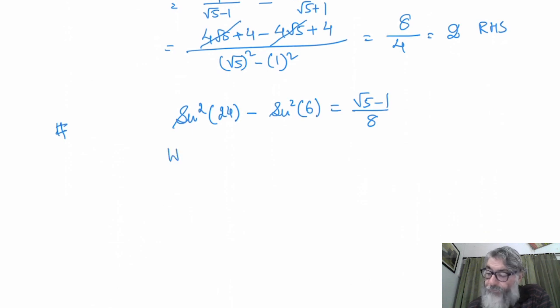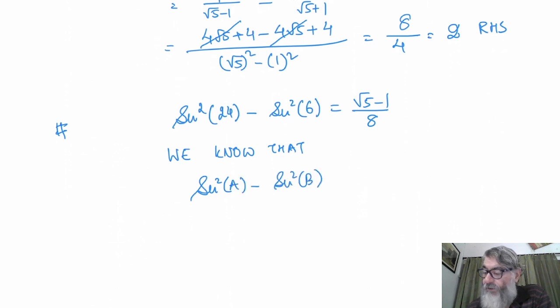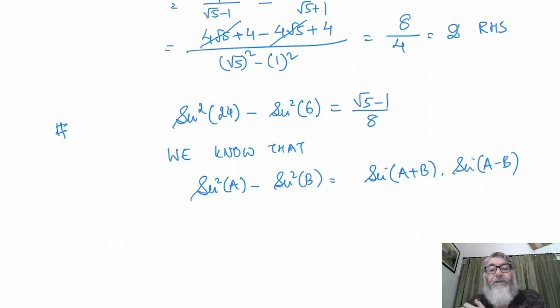We know that sine square A minus sine square B is equal to sine (A plus B) into sine (A minus B).